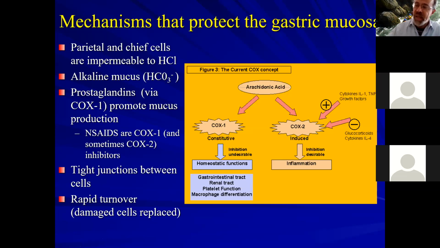One of the potential problems is that COX-1 is an enzyme that's also targeted by non-steroidal anti-inflammatories, things like aspirin and ibuprofen. They target COX-1 and COX-2, which is an enzyme that's produced somewhere else. We won't worry about that right now, but aspirin and ibuprofen target COX-1.